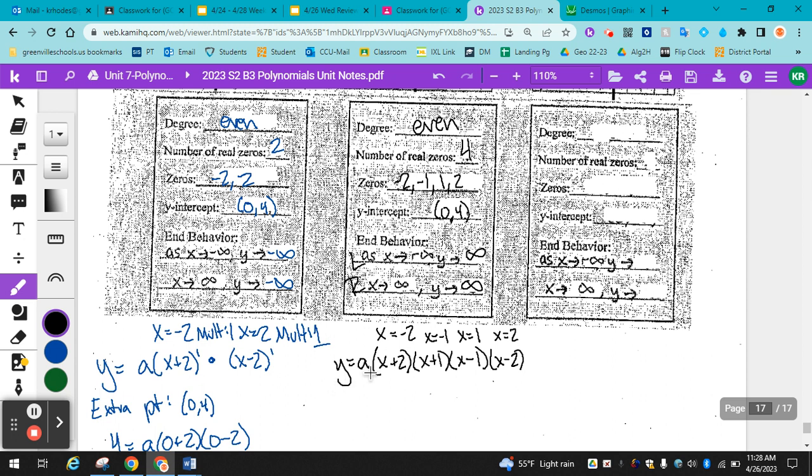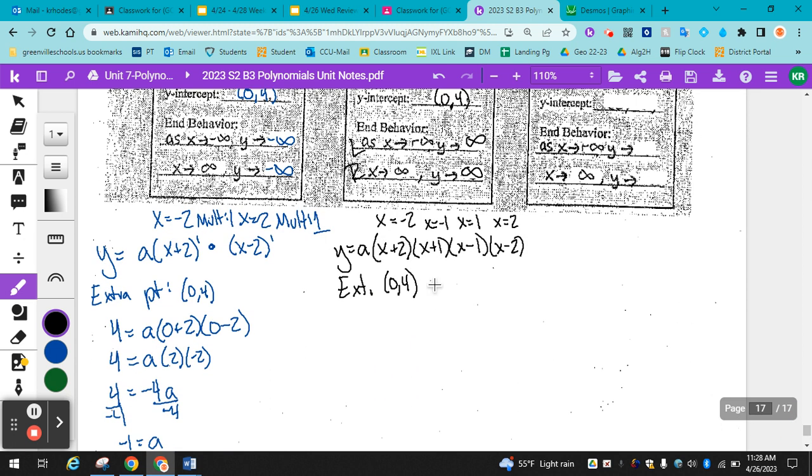And again, we have to solve for a, so we're going to use that extra point, which again happens to be (0, 4), and we'll plug it in. So 4 equals, y is my 4, x is my 0. We're solving for a. So 0 plus 2, 0 plus 1, 0 minus 1, 0 minus 2.